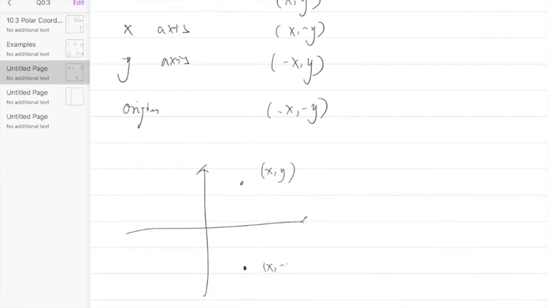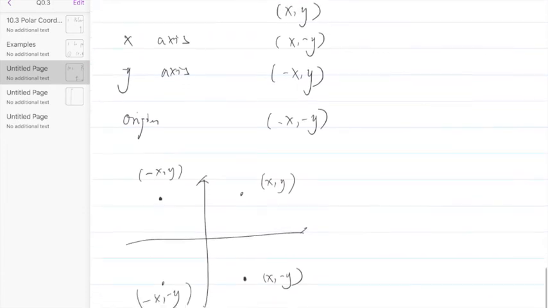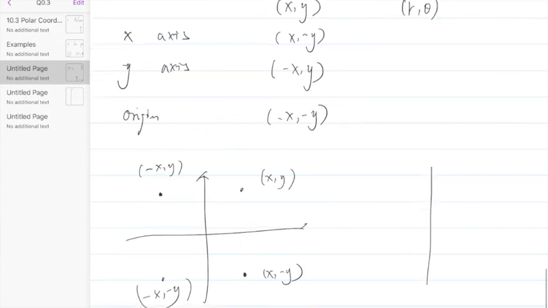So if you want to take a graph, here's x, y. With respect to the x-axis will be this point, that's x, negative y. With respect to the y-axis will be this point, that will be negative x, y. And then, of course, this one is negative x and negative y. That's the definition of an odd function, right? Symmetric with respect to the origin.